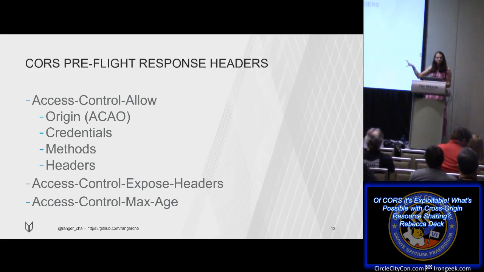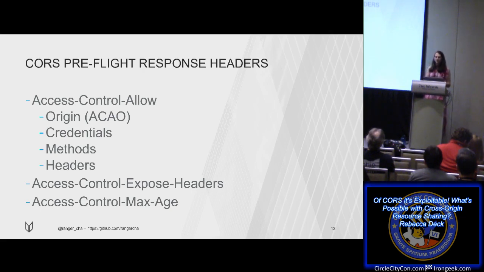Access control allow origin, most important. Access control allow credentials, we'll talk about that. Methods and headers, that's the same idea. It's saying these methods, these headers are okay for that site to send you. Access control expose headers gets pretty interesting. So access control allow headers says, hey client, you're allowed to send these headers.